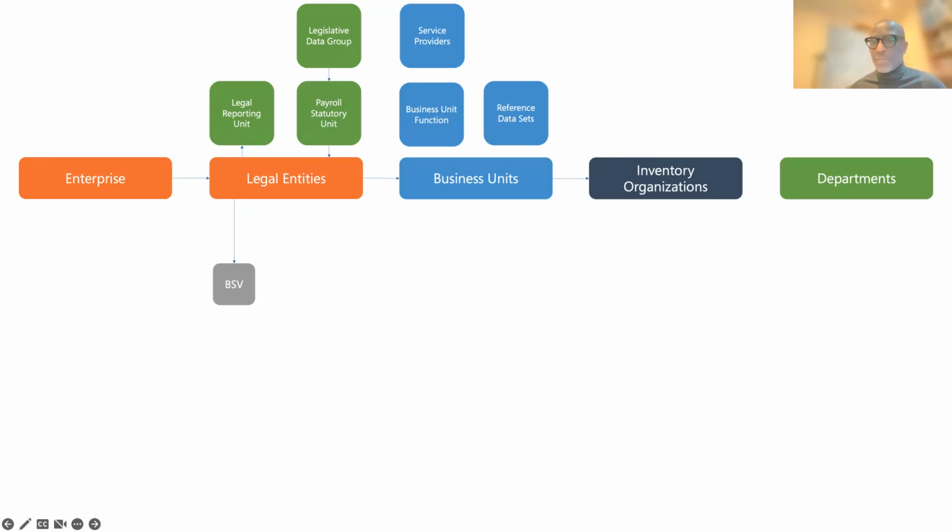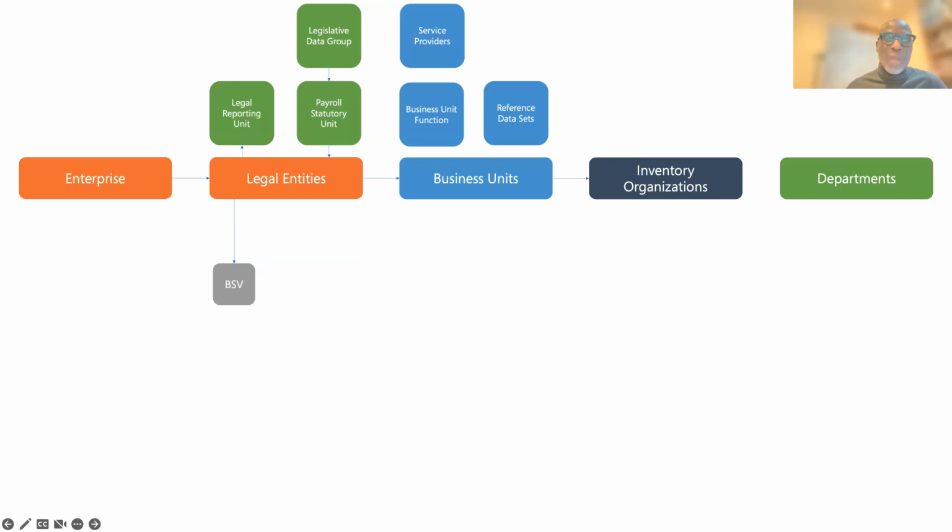So if you're going to be using some other modules, then you would also need to know departments, inventory orgs, and so on. So if you're implementing procurement, you need inventory orgs, for example, to receive your goods. Departments, if you have approvals based on cost centers, then you need to have departments, and so on. So let's have a look at the financial reporting structure.